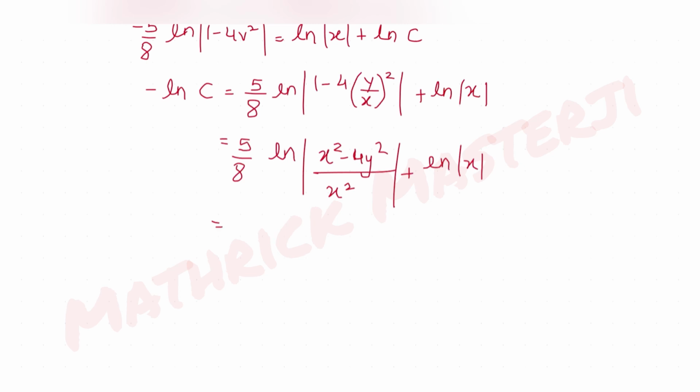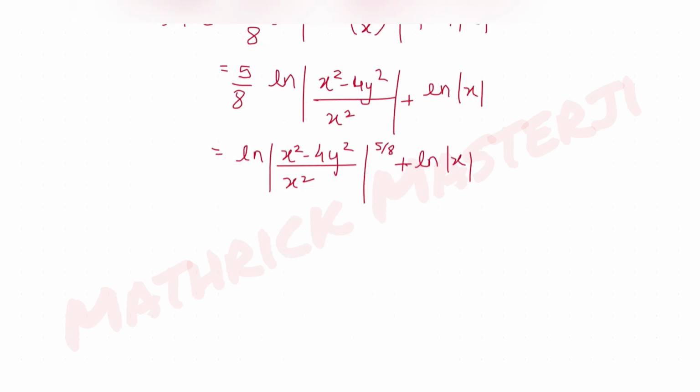So this is natural log of mod of (x square minus 4y square divided by x square) the whole raised to 5 over 8, plus natural log of mod of x. Natural log of a plus natural log of b is natural log of a into b. So natural log of mod of (x square minus 4y square divided by x square) raised to 5 over 8 into mod of x is equal to natural log of c.